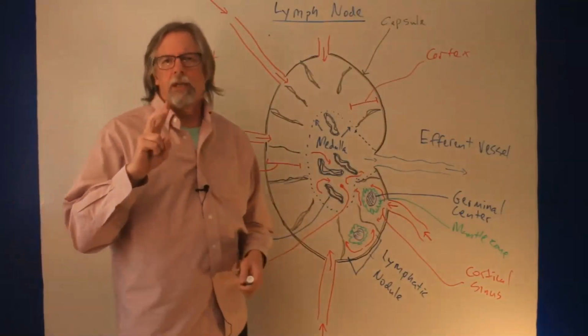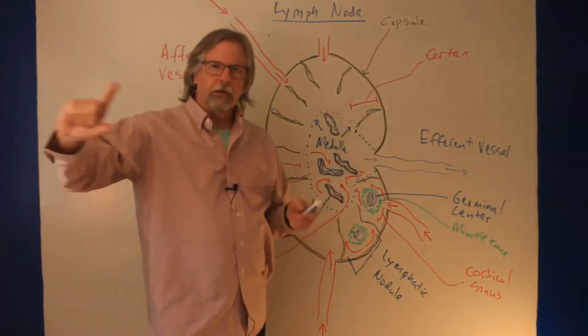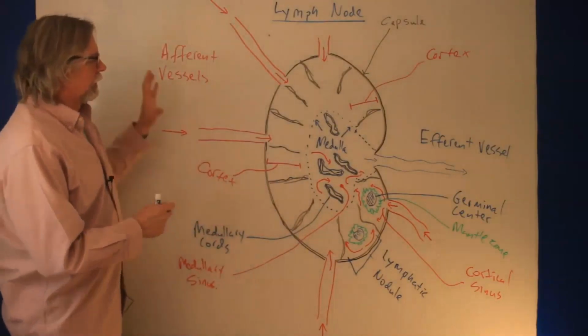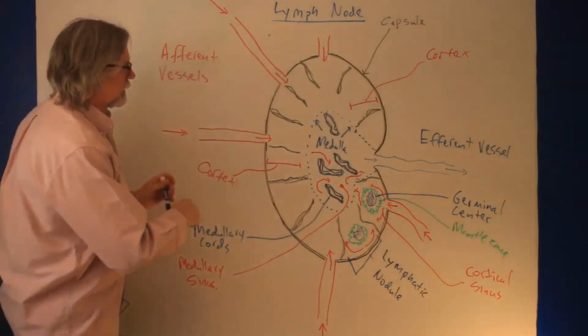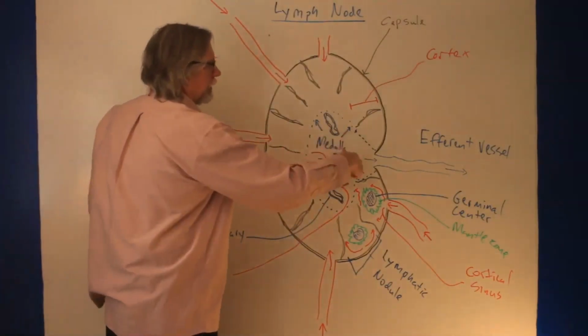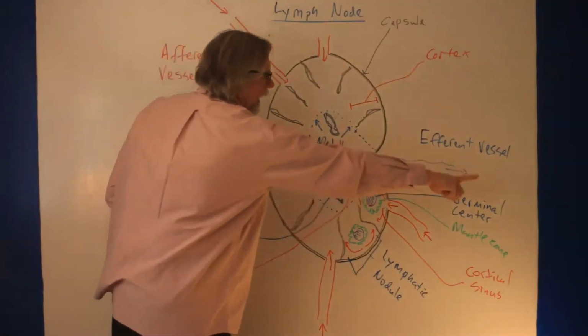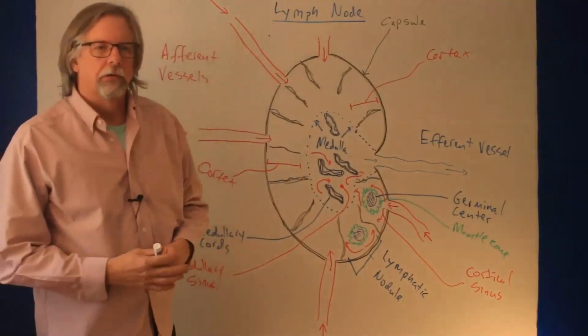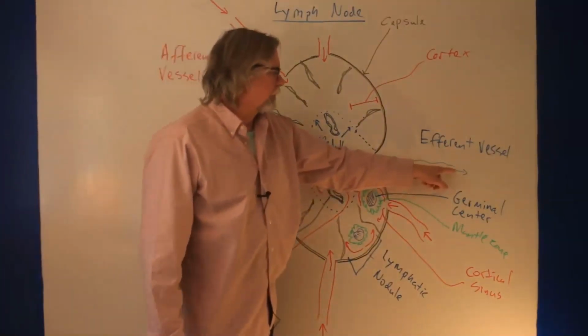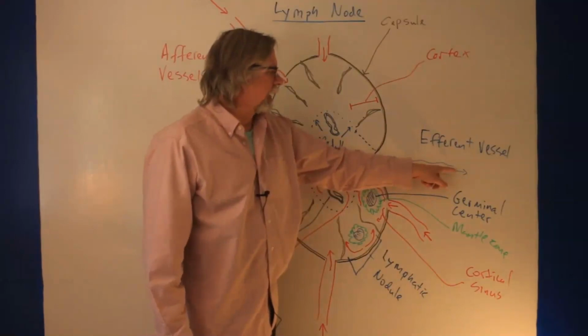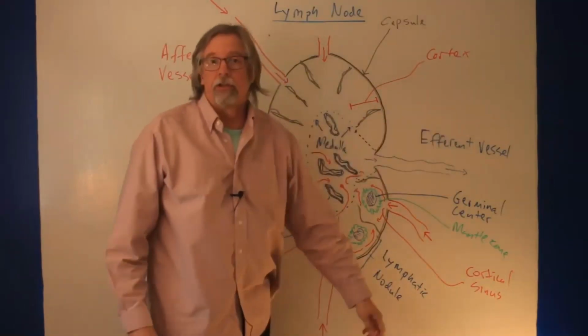There's typically one, maybe two vessels bringing lymph out, okay? So lymph is going to come in. It's going to circulate through the interior of the lymph node. It's going to find its way to the exit point and go out through the efferent vessel. This might go to a lymphatic trunk, or it might go into another lymph node.